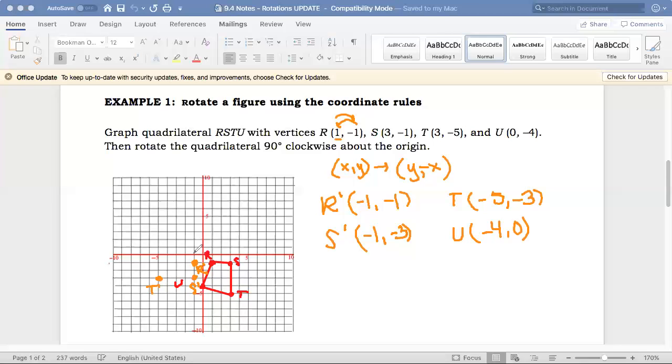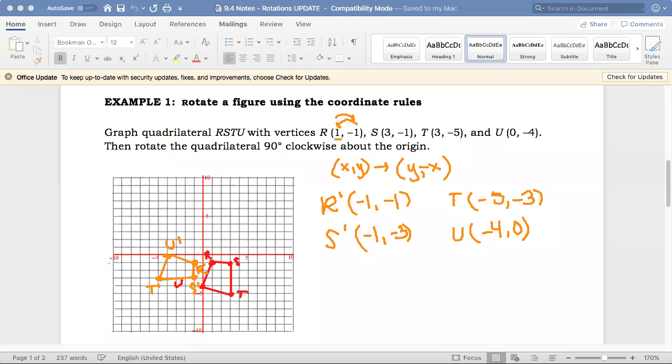And then U is at -4, 0. And then we're just going to connect our lines. And there we have our image after the rotation.